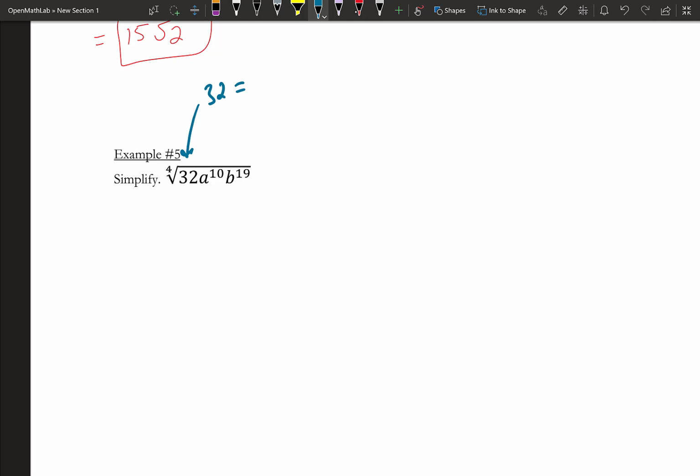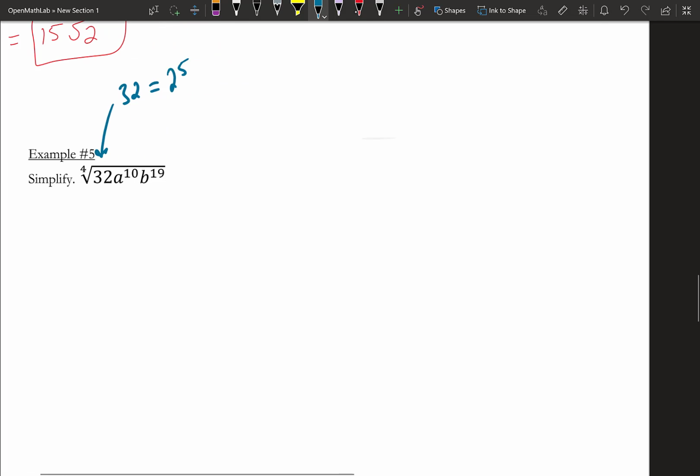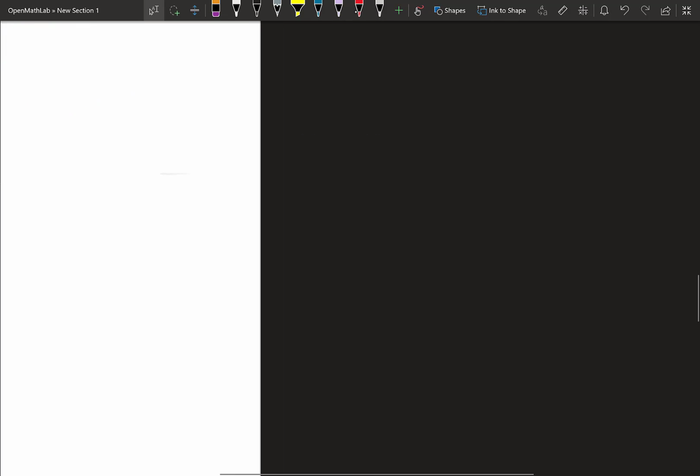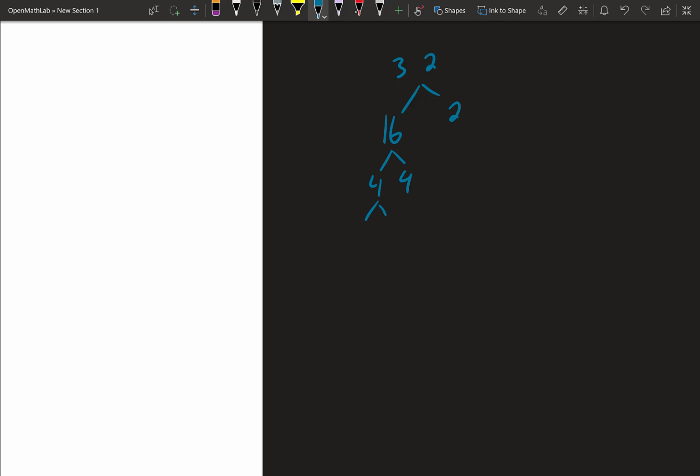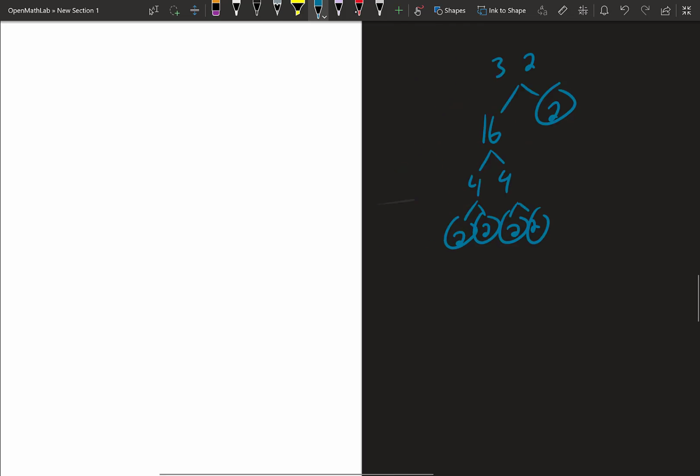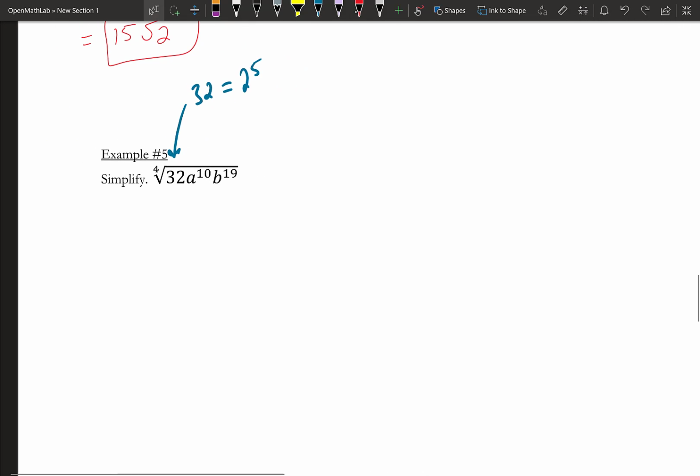So this turns out to be 2 to the 5th. If you break this down off to the side, 32 is 16 times 2. 16 is 4 and 4, and each of these 4s can be written as 2 times 2. So you can see there's 5 factors of 2. That's where I get that from.